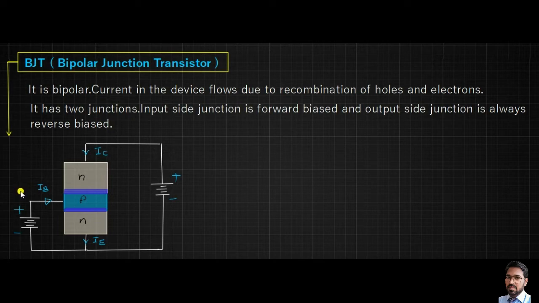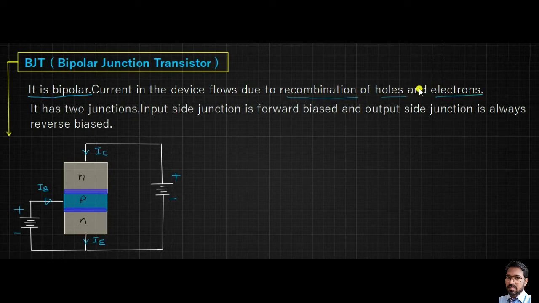I am going to make separate videos on bipolar junction transistor and its theoretical details and its analysis, DC analysis and applications. So in short, I am going to tell about the bipolar. It is a bipolar device. What is the speciality of bipolar? In a bipolar device, the current flows due to recombination of holes and electrons.